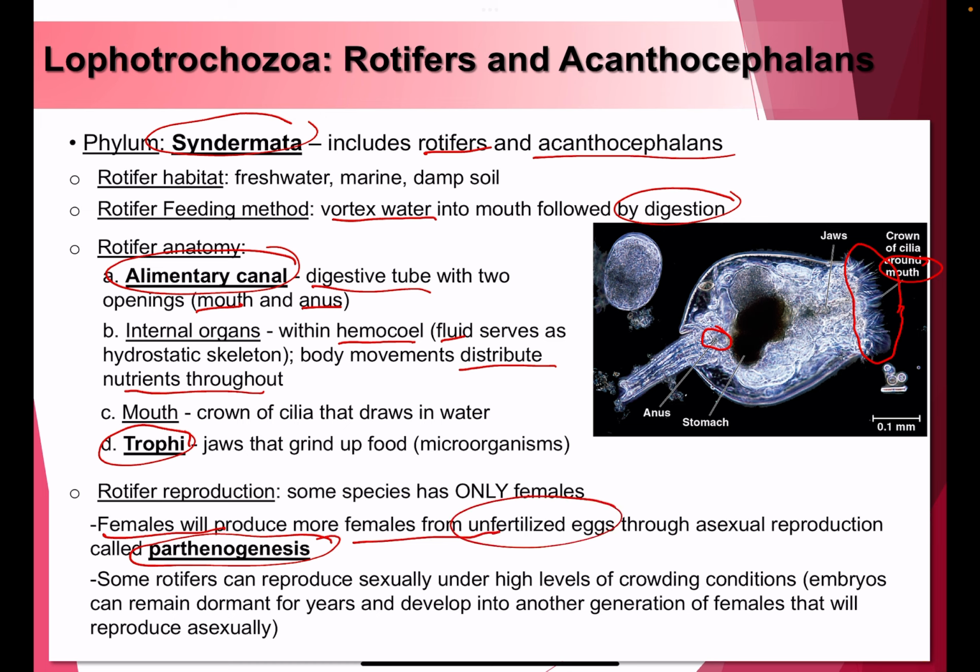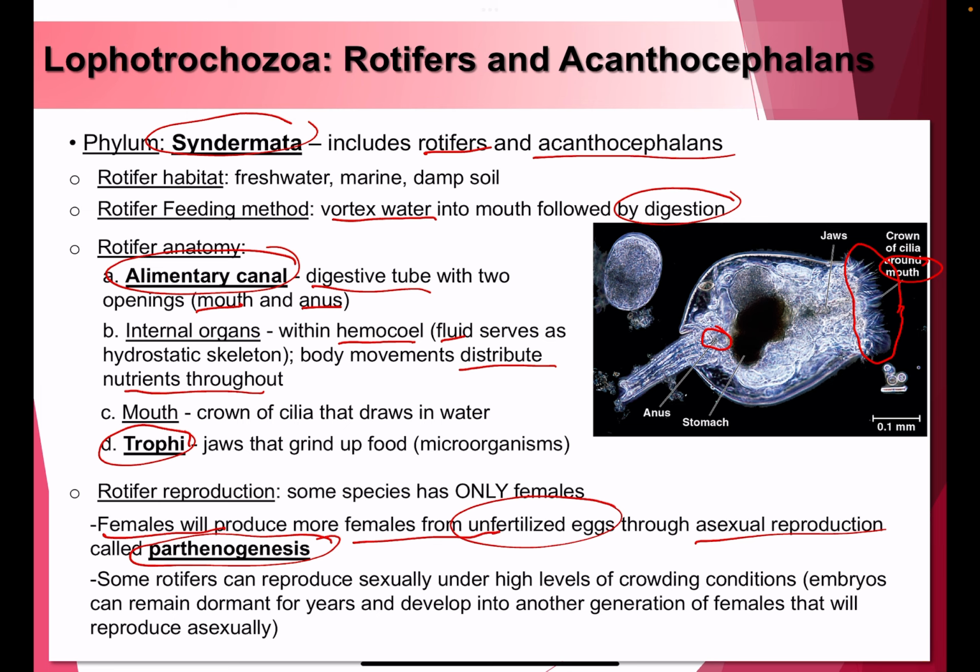So these eggs don't have sperm, but somehow these eggs are able to become adult females by asexual reproduction. That's why it's called parthenogenesis, where it's not making males. It can only make females when there's no fertilization happening.